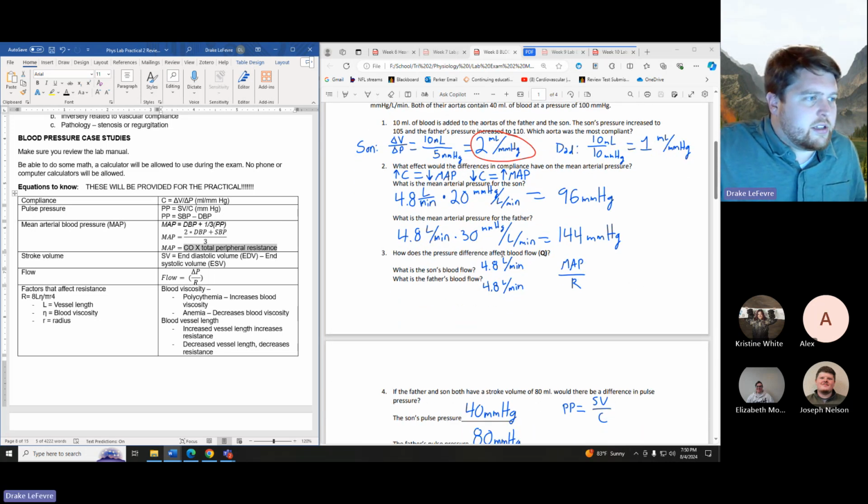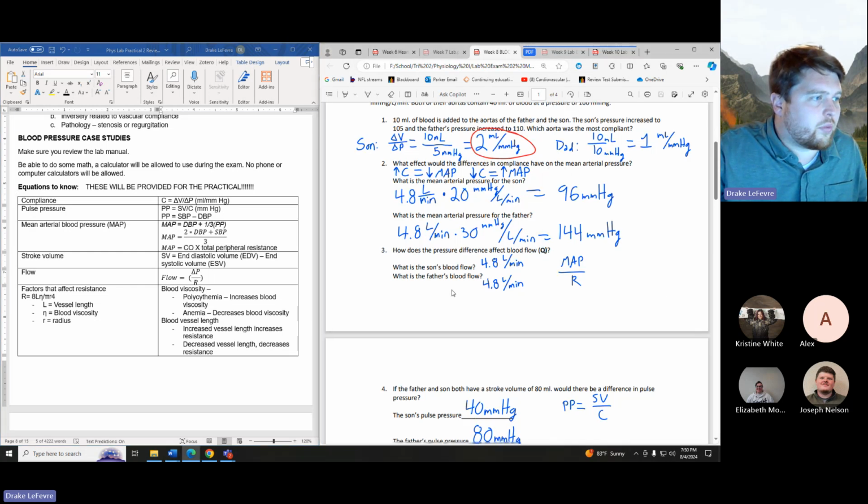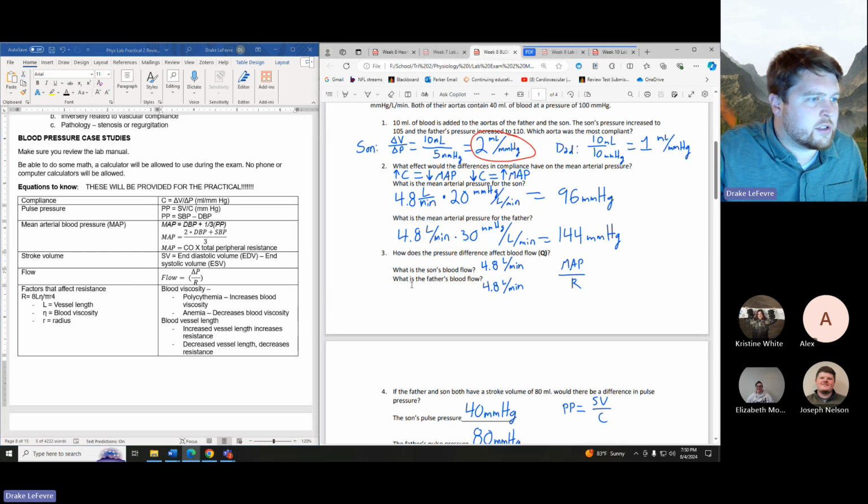How does the pressure difference affect blood flow, which is Q? So the son's blood flow versus the father's blood flow. Flow equals the change in pressure over resistance.